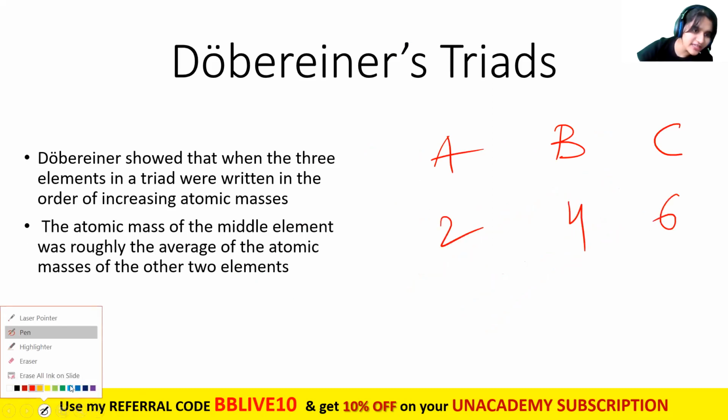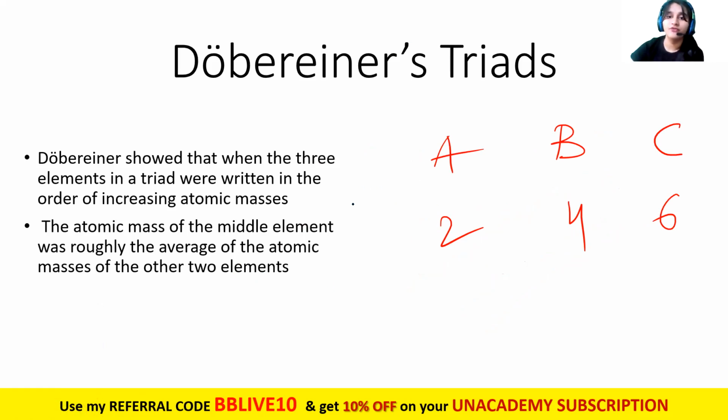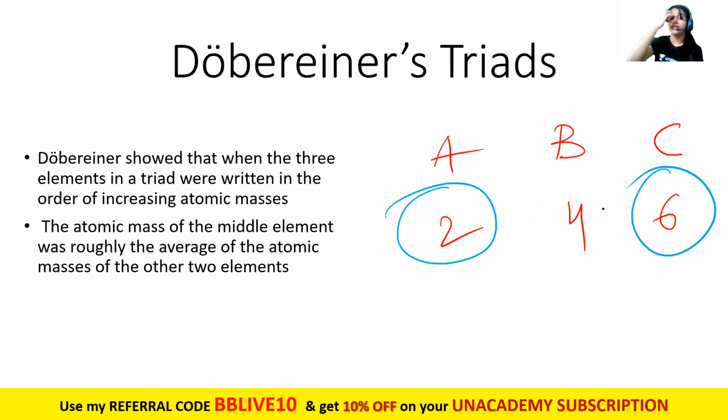And when he took the first and the last element, he very nicely did a little simple math. He found the average of the first and the last element, and what did he discover? What did he find out? This amazing thing is what makes Döbereiner's triads come into your textbooks.